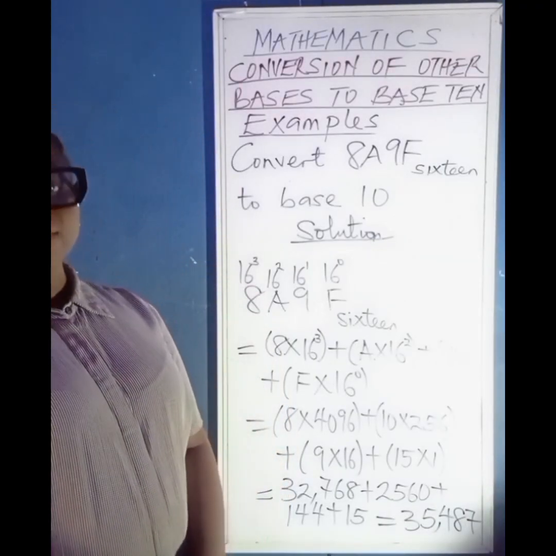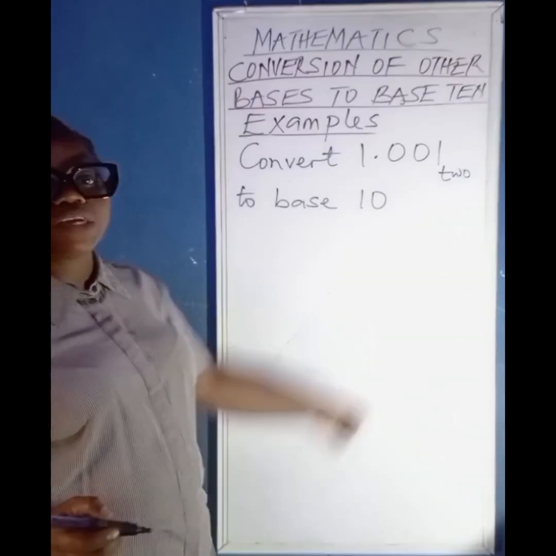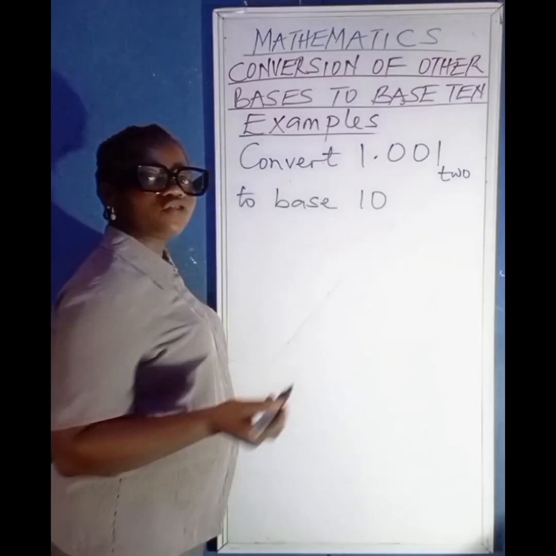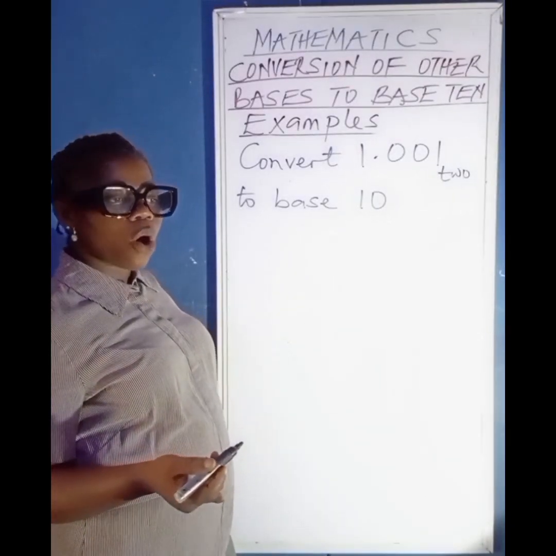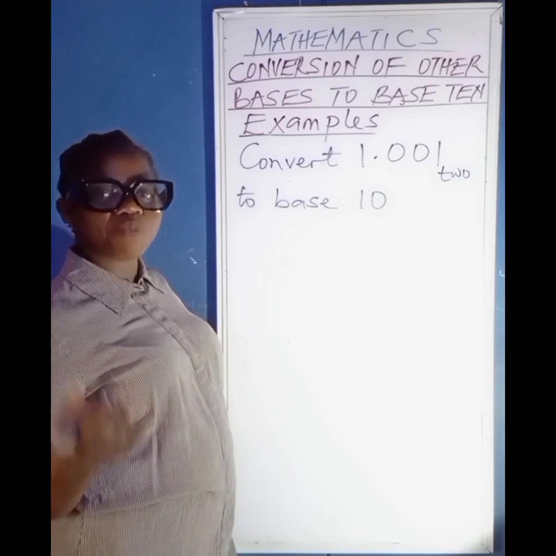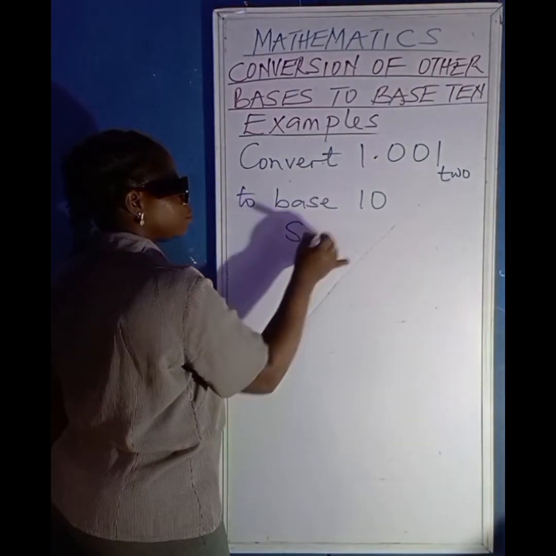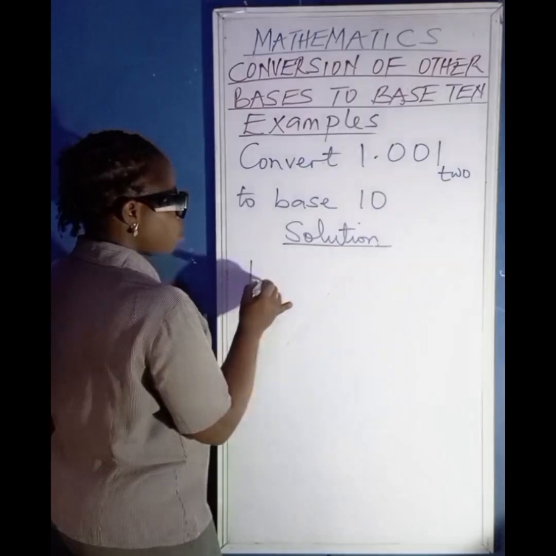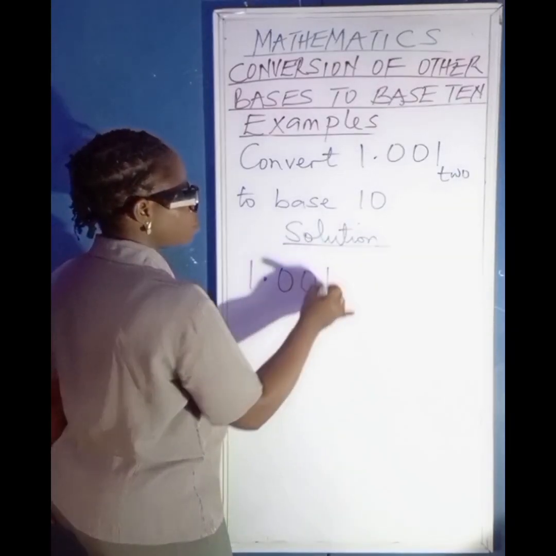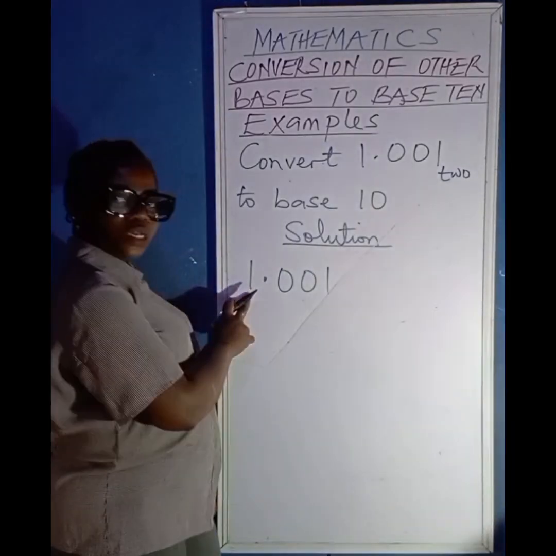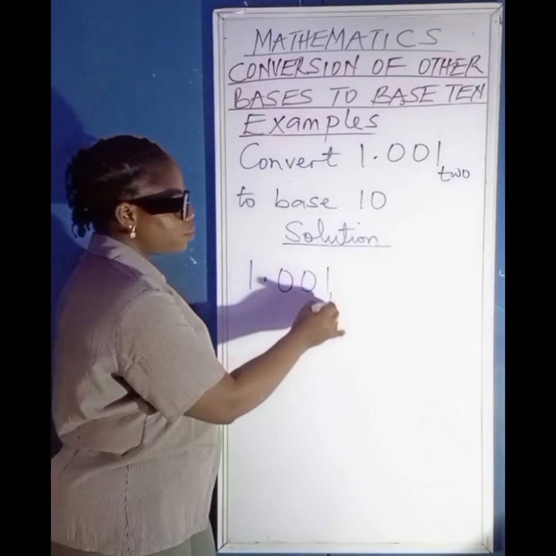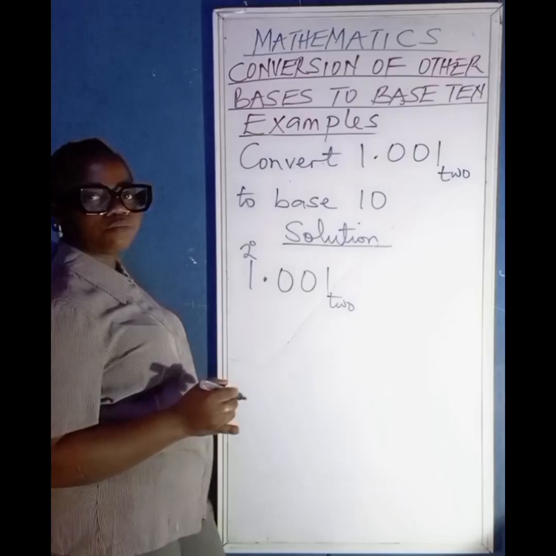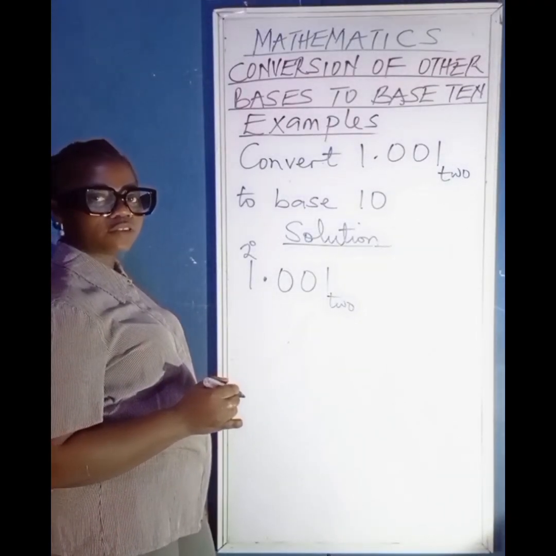Now the conversion of a decimal number from base 2 to base 10. We are still going to employ the method of place values. Solution: 1.001 in base 2. I will start with the units. The place value of this 1 is 2 raised to power 0, which is equal to 1. That is the unit.